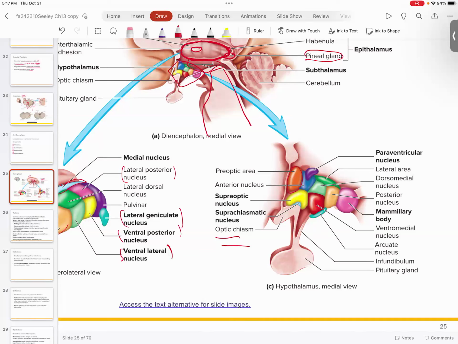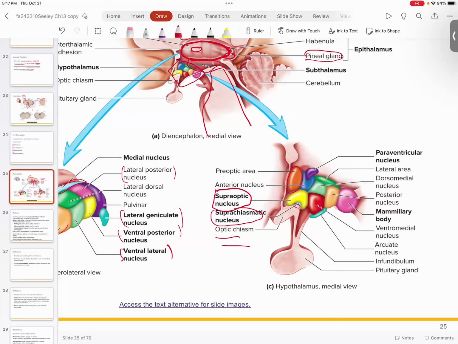A couple of really big ones and important ones, especially for AMP2, is the supraoptic nucleus. So supra means above the optic, so you can see the optic chiasma. And the suprachiasmatic nucleus. So this is like right at the tip of where the backside of the optic chiasm would reside.